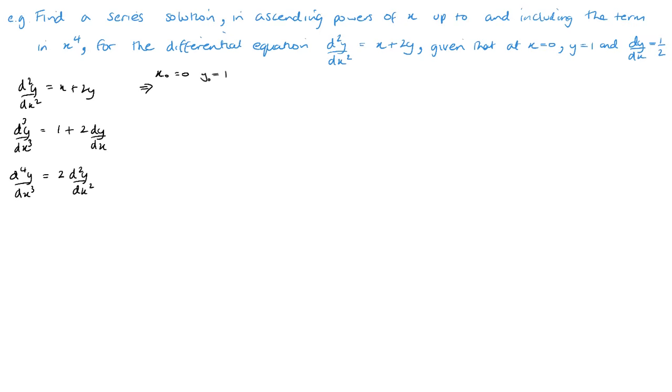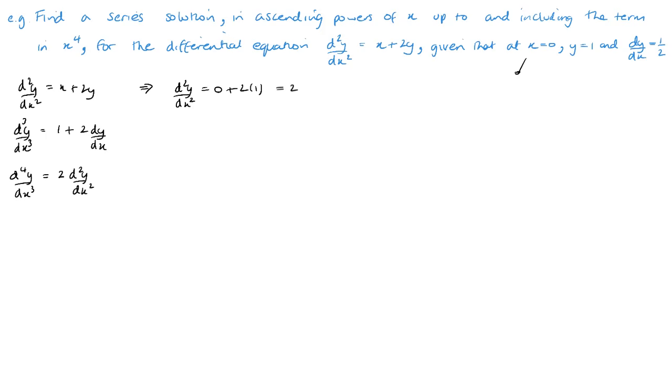So d2y by dx squared is going to be 0 plus 2 times 1, so it's just going to be equal to 2. Now, what I want to do is substitute into this next one. This one I just need to substitute this in.